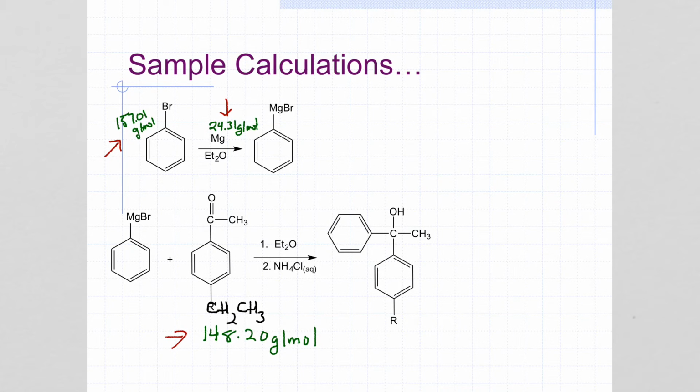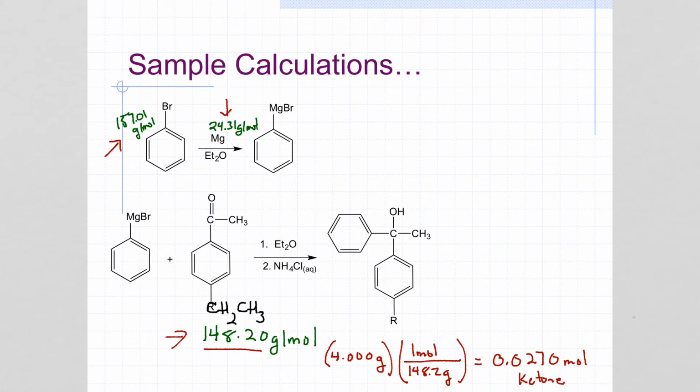Now to start, the first thing we have to do is figure out how many moles of our starting material we have. Let's assume that last week you made 4 grams of your ketone. Using the molecular weight, we determined that we must have 0.0270 moles of our ketone.